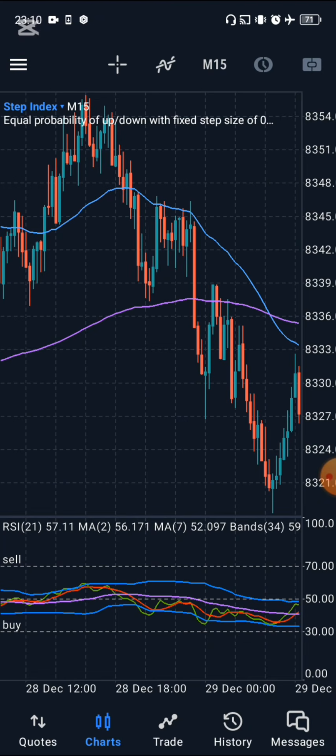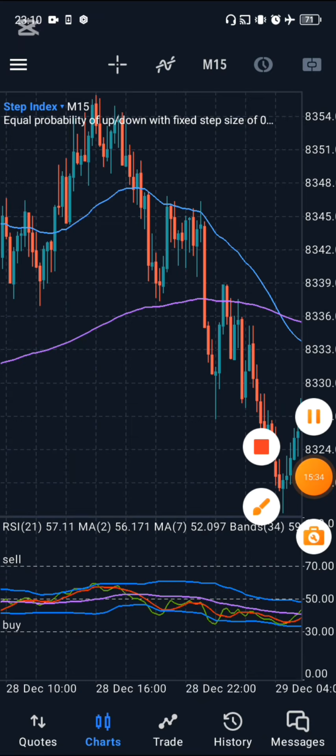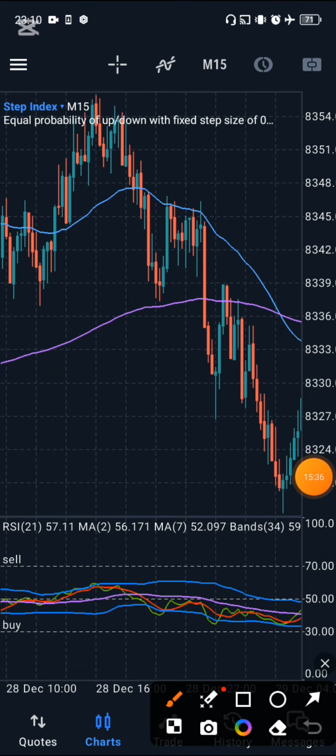So how do you look at this one? No, this one was already okay, let's take this for example over here. Right over here, as you can see, the green line broke out of the purple MBL, right? And we've got a pullback to the 50 level and the MBL, and over here we've got another pullback to the 50 level also, but we don't take our entry over here.